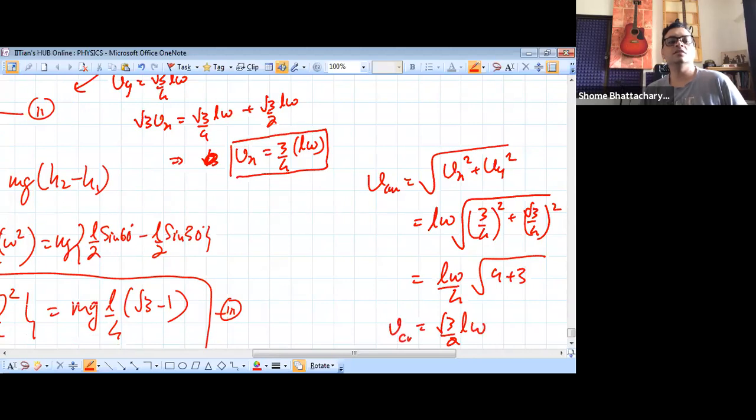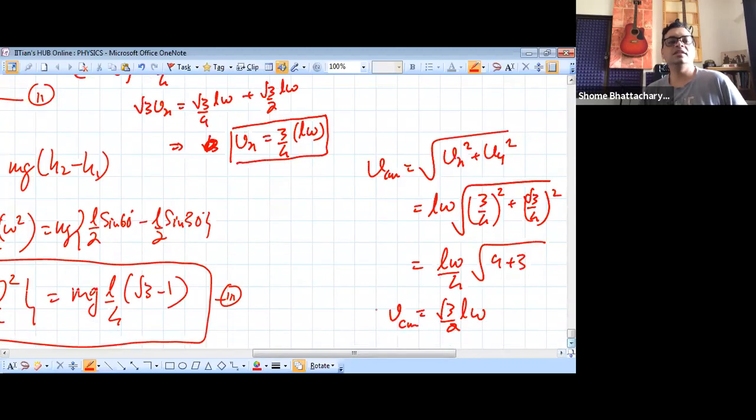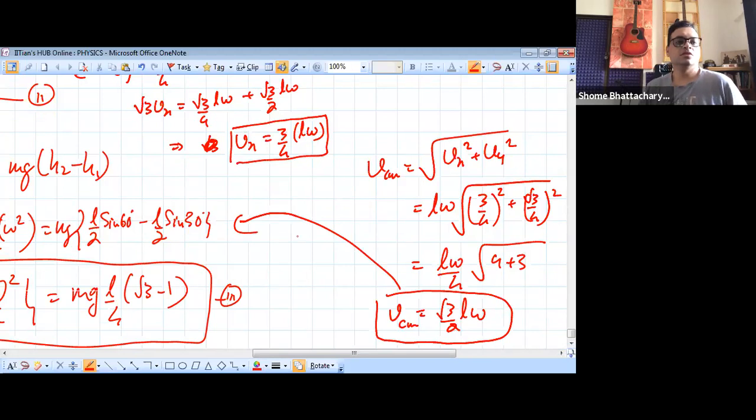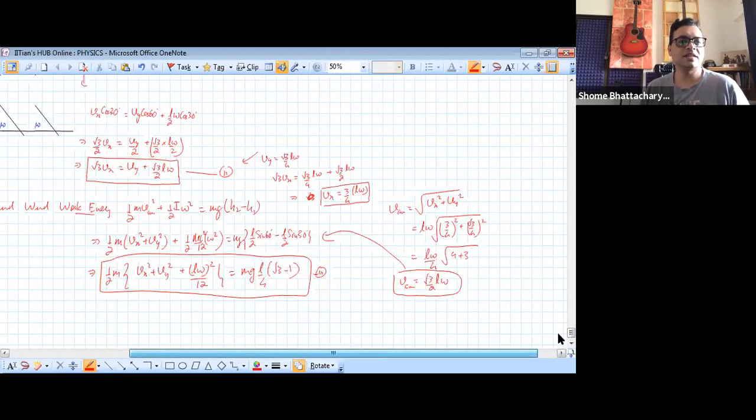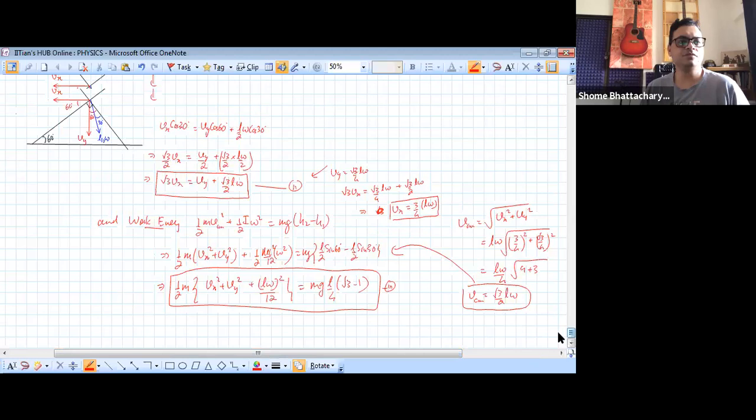And this is what we had got by the instantaneous axis of rotation. So you can actually put this directly and you get the same. So this is the proper rigid body constraint method of motion, without using any shortcut. But you can see how this problem is actually designed to be done very fast by the instantaneous axis method. So just go through this once.